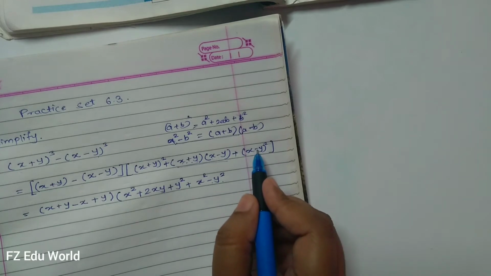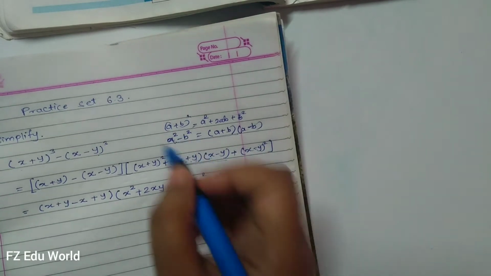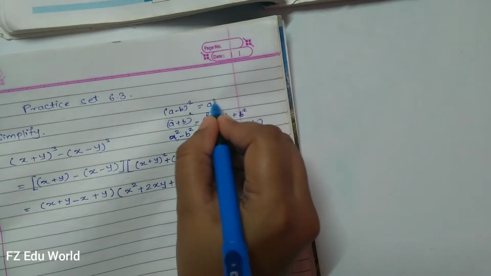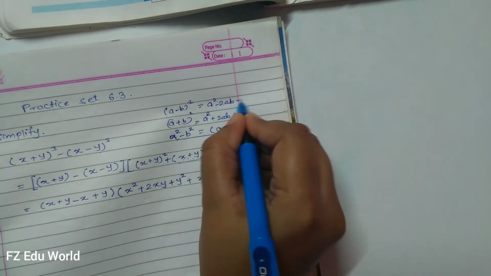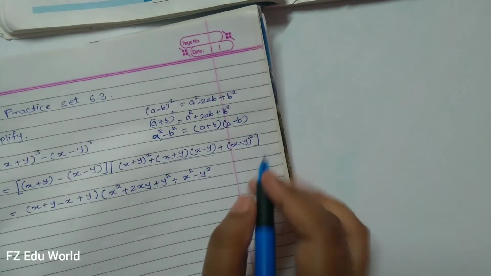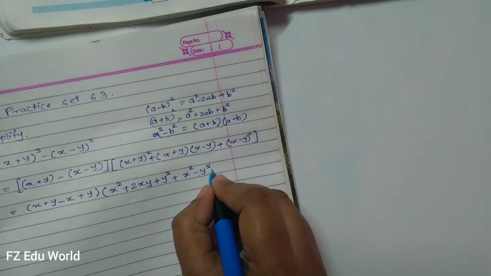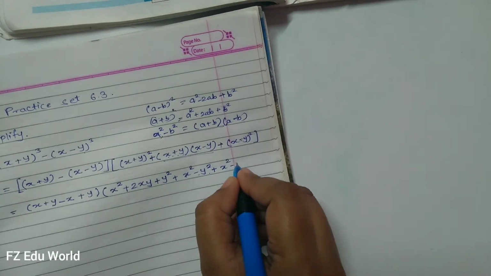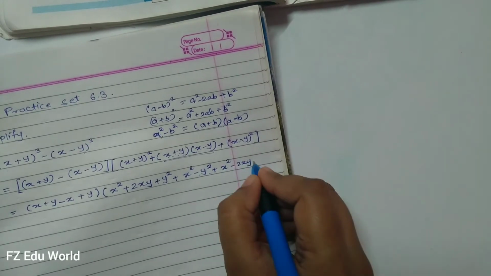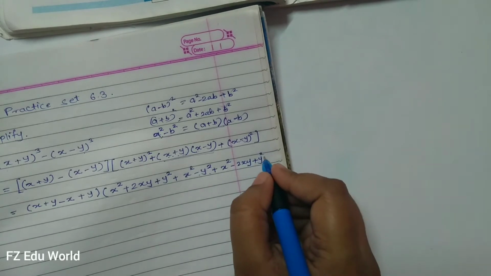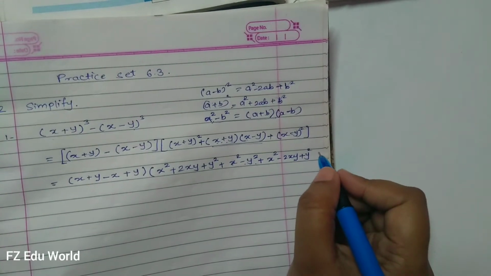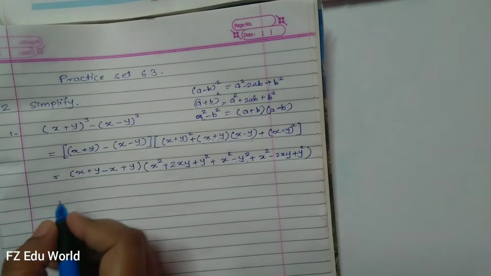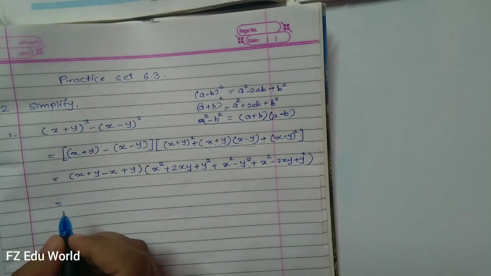Now here (x minus y) square, we will apply the formula (a minus b) square, that is a square minus 2ab plus b square. So this term will become plus x square minus 2xy plus y square.